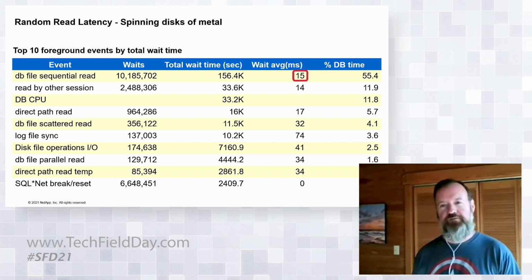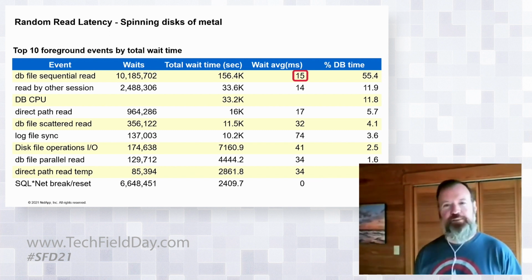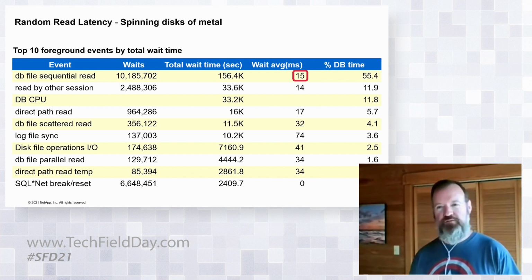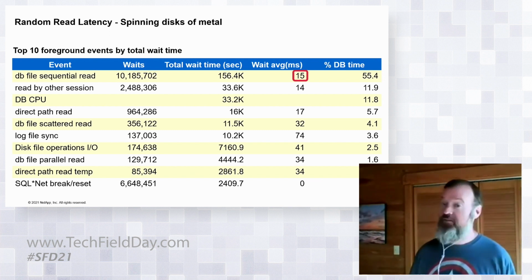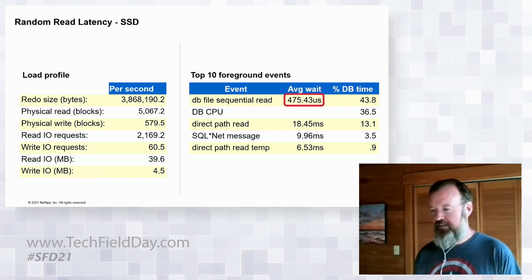And I know if they have spinning disk now, if I give them Flash Pool, which was our initial hybrid solution where it's a little bit of flash married up to some spinning disk, I can probably erase this as a source of a performance limitation. I don't know how fast it's going to go, but it's going to go a lot faster. If I put this on all flash, it's definitely going to go a whole lot faster. So unfortunately, those days are mostly gone. Very few high I/O databases on spinning disk.